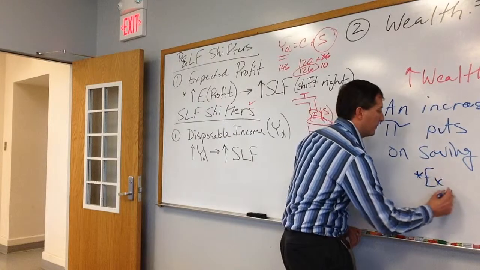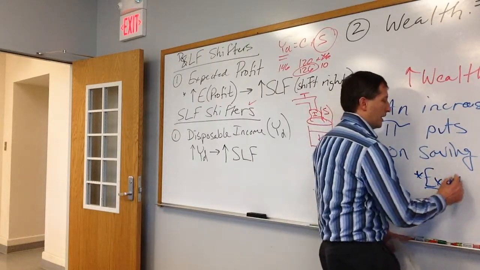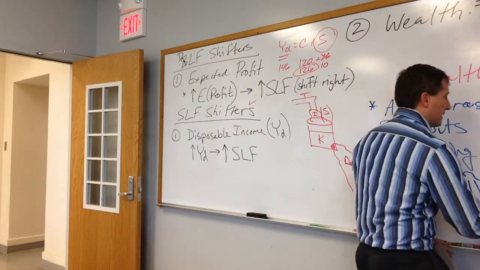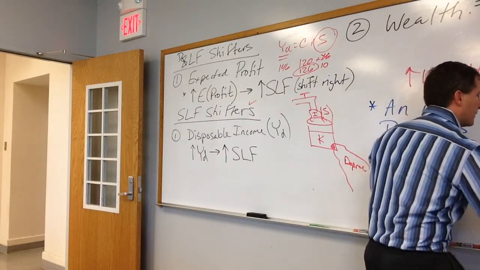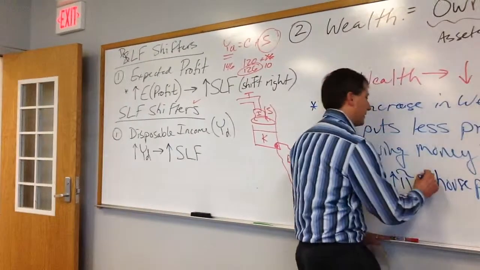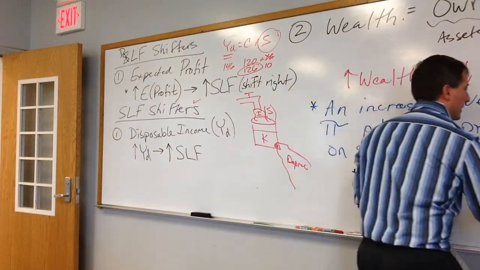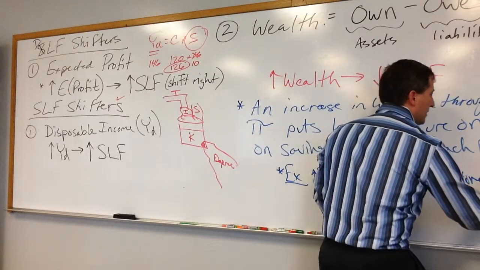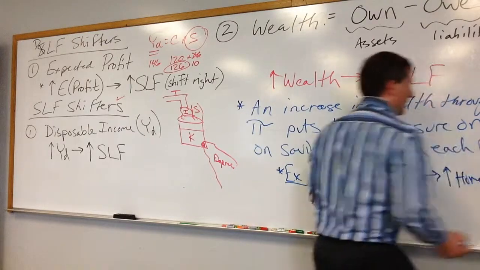So for example, increased inflation causes house prices to go up. An increase in house prices leads to an increase in home equity. That's how much money or value you have in your house.